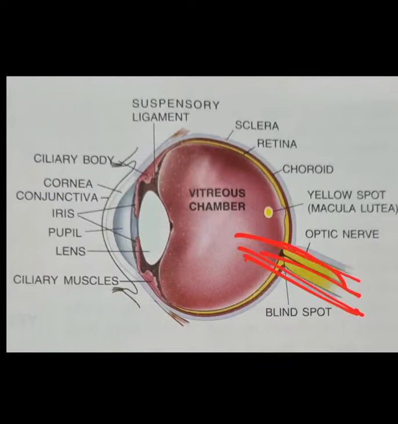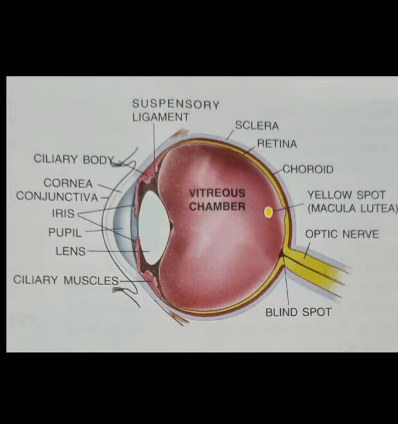As only nerve fibers are present, no sensory cell, no photoreceptor is present here. That's why this area is called the area of no vision, or we call it the blind spot.